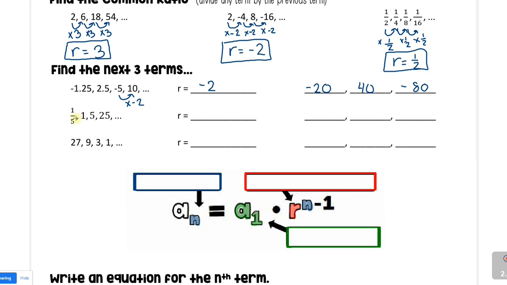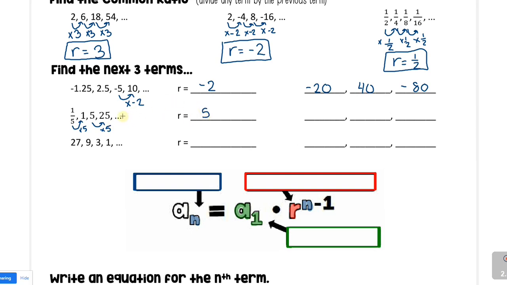Okay, let's look at the next one: 1/5 to 1 to 5 to 25. If we have 1/5 to 1, we are multiplying by 5. Again, if you get confused with the fractions, start with the whole numbers. 5 to 25, multiplying by 5. So our common ratio is 5.